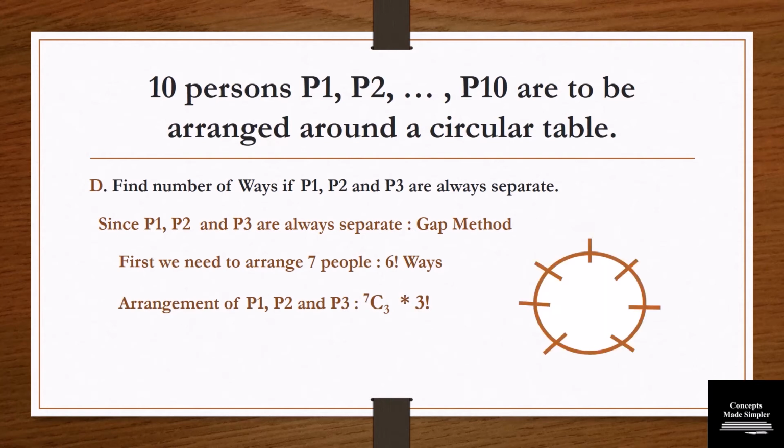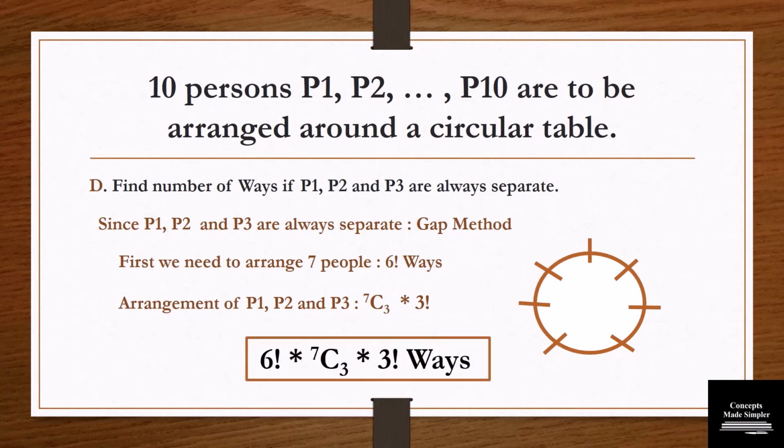If we count the number of gaps, we have 7 gaps. From these 7 gaps, we need to choose 3 gaps in which these 3 would be arranged. So that would be 7C3 for the selection and into factorial 3 for the arrangement. So our final solution is factorial 6 into 7C3 into factorial 3 ways.